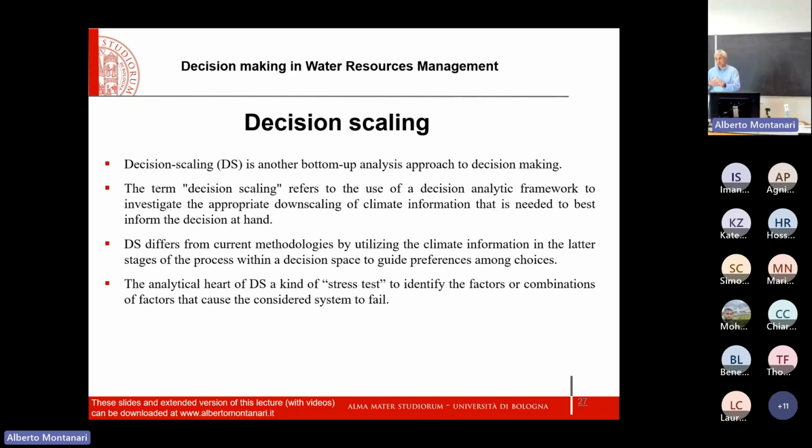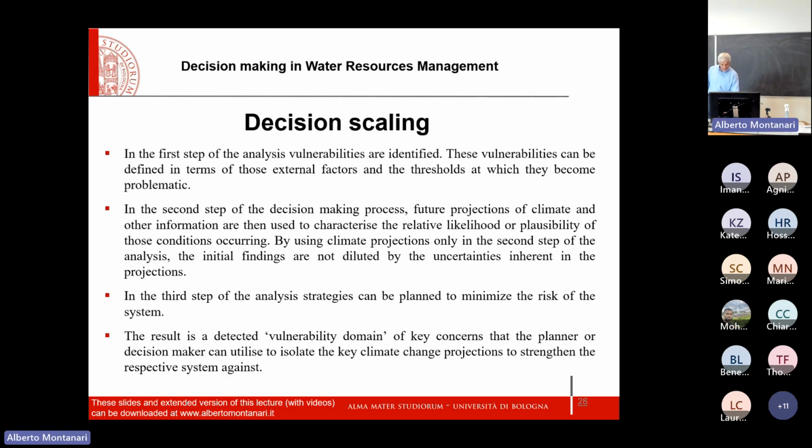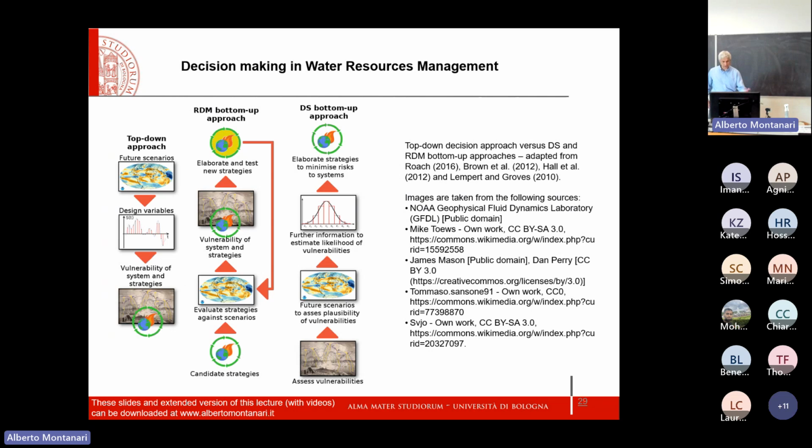Now, decision scaling is another bottom-up approach. Bottom-up because it starts from the end of the process. Let's see the difference by looking at this figure. If we look at robust decision making, you may remember we talked about 5 steps.